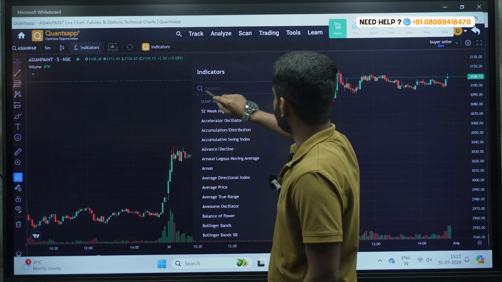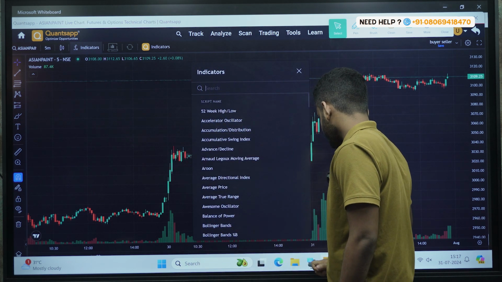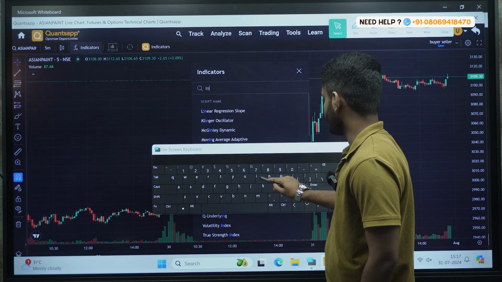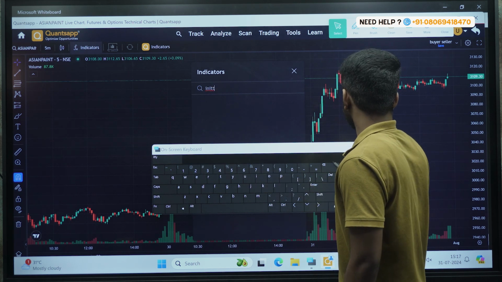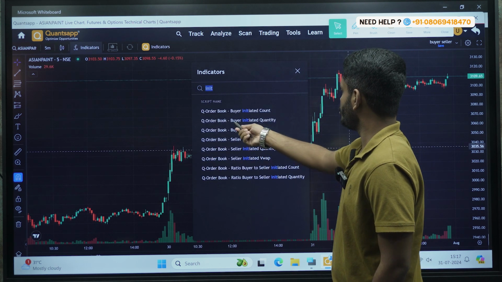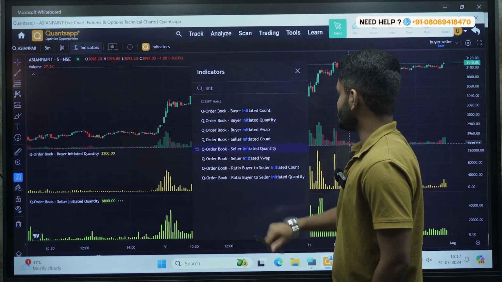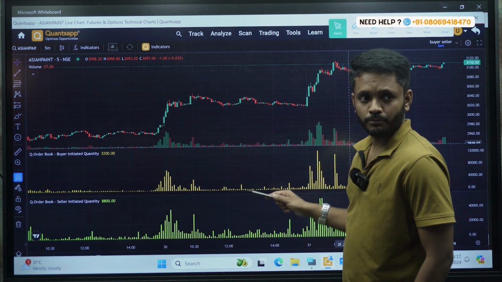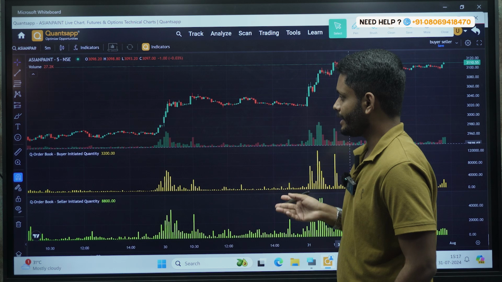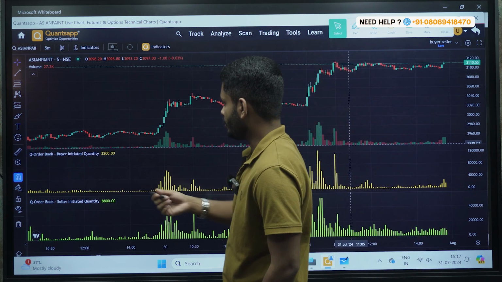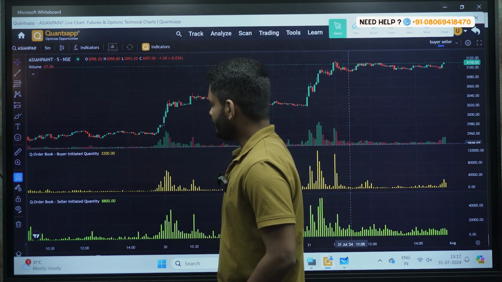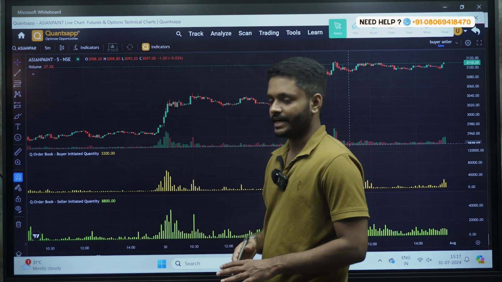Go to indicator and search "initiated". See, Q order book buyer initiated quantity and Q order book seller initiated quantity. Add both of these options. Now, for my convenience, I would change a little bit of settings over here.